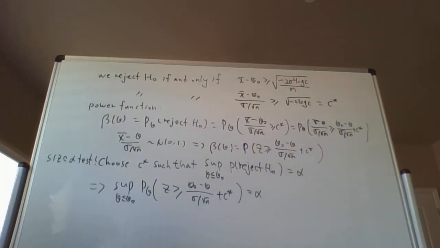So we would like the probability that z is greater or equal to theta 0 minus theta divided by sigma divided by square root n plus c star, the supremum under the condition that theta is less than or equal to theta 0, to equal alpha.